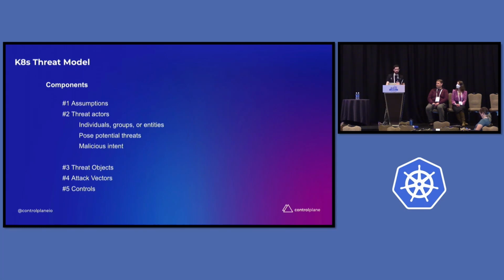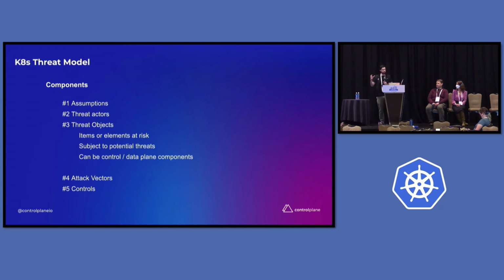And then in terms of threat objects, what are those? Items or elements at risk. They are subject to potential threats, and can be components of both the control plane and the data plane, because again, our threat model refresh focuses on self-managed Kubernetes. Attack vectors can be used to exploit weaknesses or vulnerabilities; in general, they are methods or paths used in attacking a cluster.